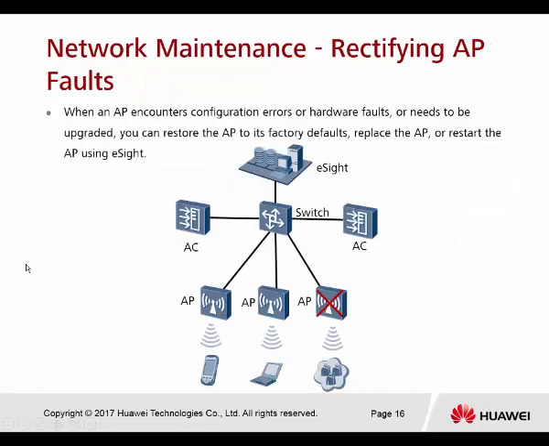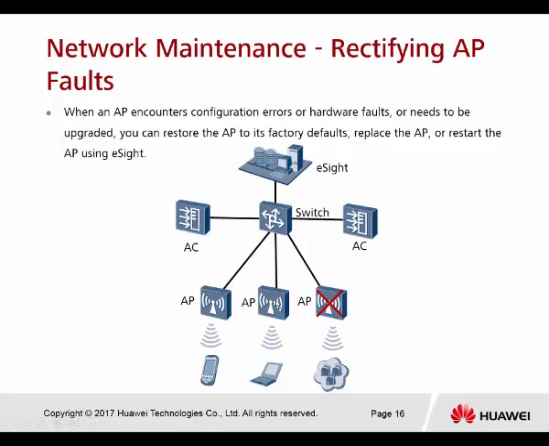When the AP encounters a configuration error or hardware fault, or needs to be upgraded, you can restore the AP to its factory default, replace the AP, or restart the AP using eSight. So instead of telnetting to the controller, or using web access to my access controller, the AC, and then pressing restart or reboot for my AP from there, I can just use eSight, because my eSight already manages all the controllers and also the APs.